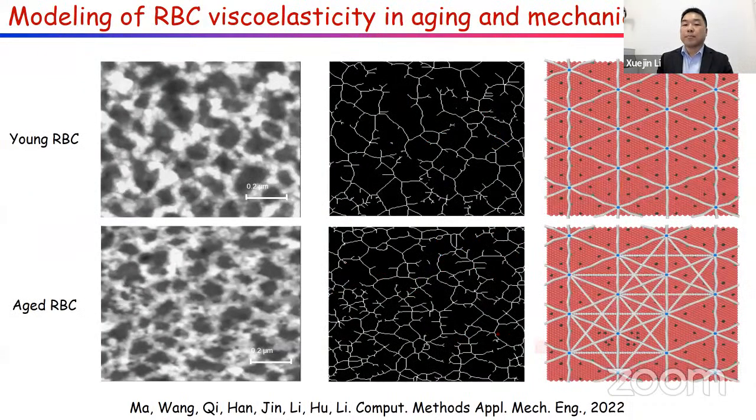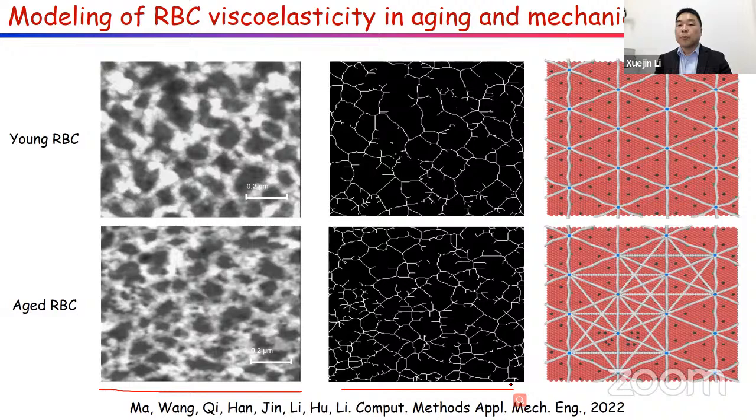Here's the first step. We get the nanostructure of the spectrin network taken by AFM test. Then we employ an image skeletonization method to convert the AFM image into the spectrin structure network in the middle.